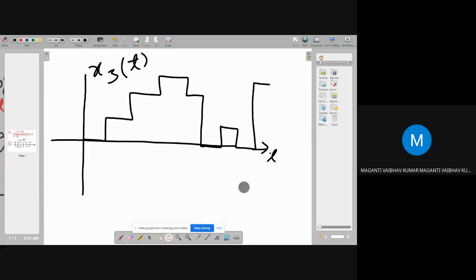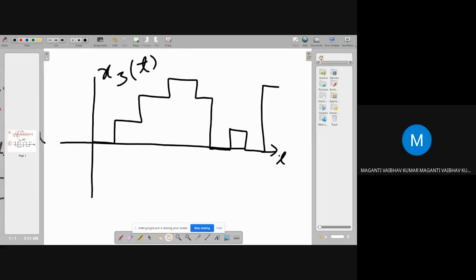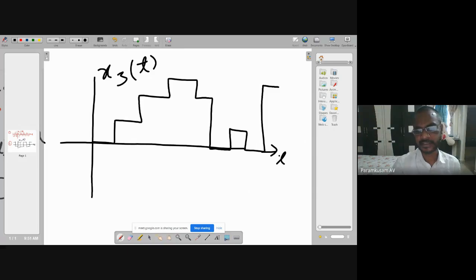Digital signal. Okay, then suppose these values are 0, 1, 2, 3. Then what is the name of this signal?